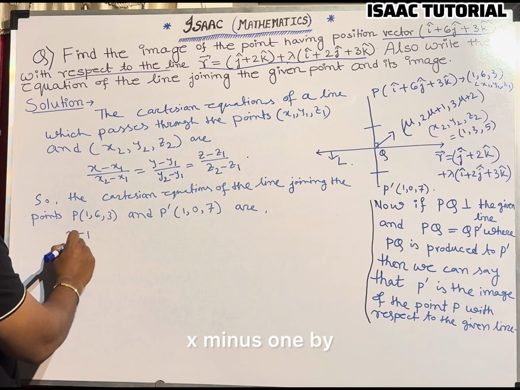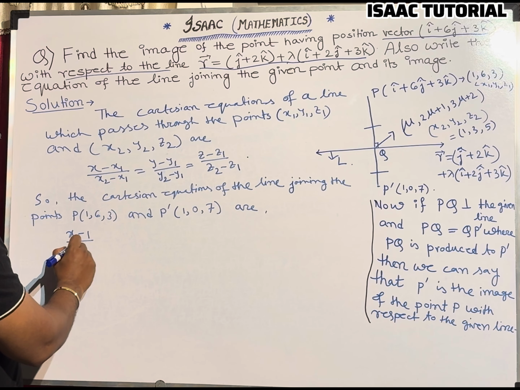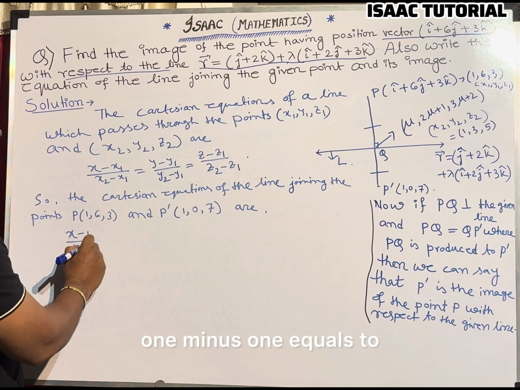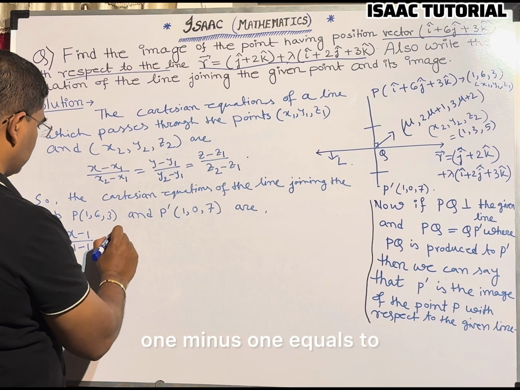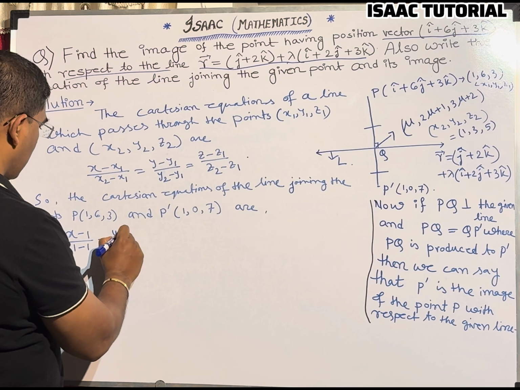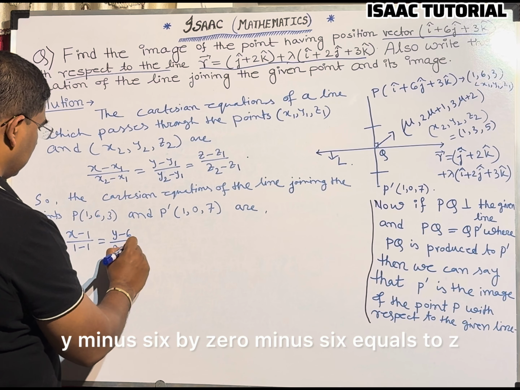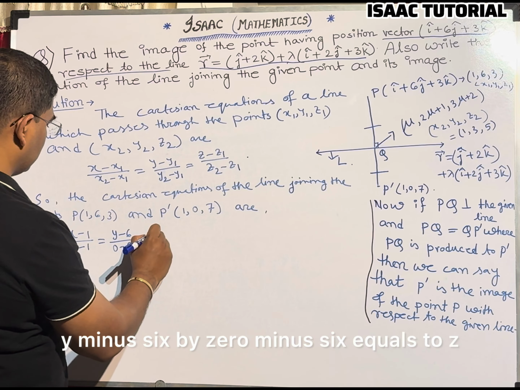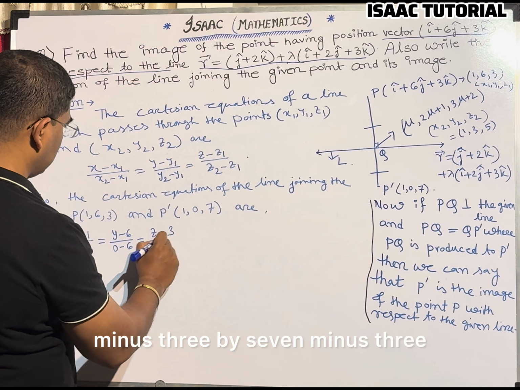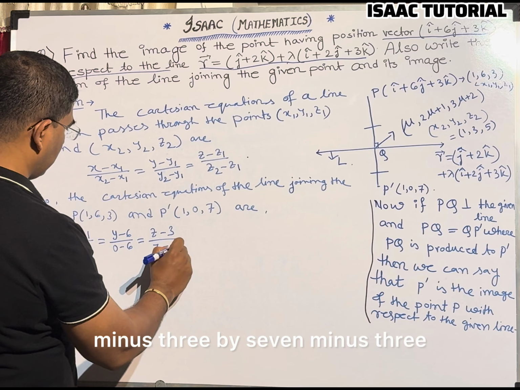x minus 1 by 1 minus 1 equals y minus 6 by 0 minus 6 equals z minus 3 by 7 minus 3.